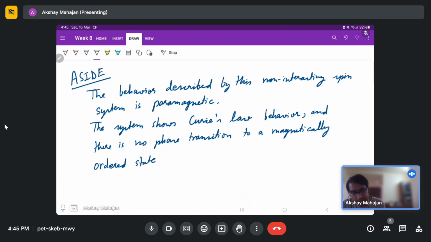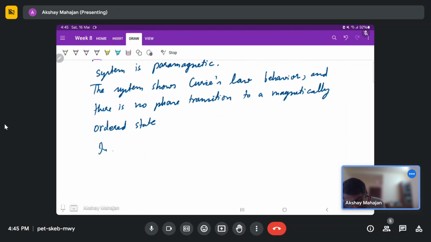The magnetization will be maximum at T equals 0, and then it will just fall down. So there is no magnetic ordering happening at any temperature.